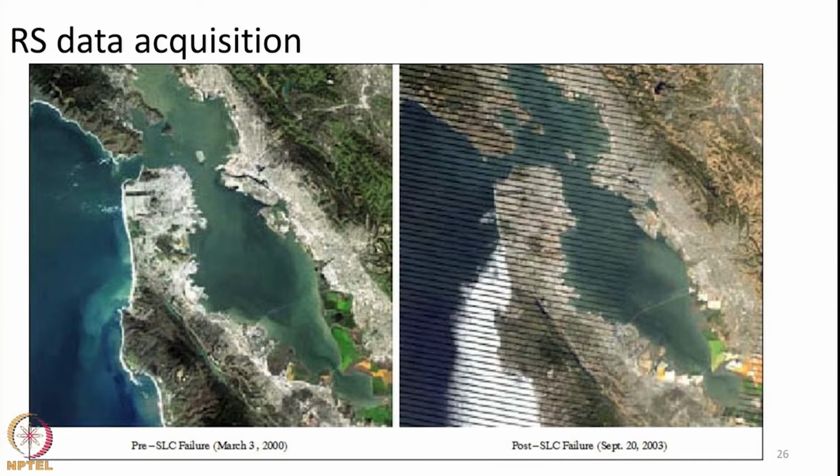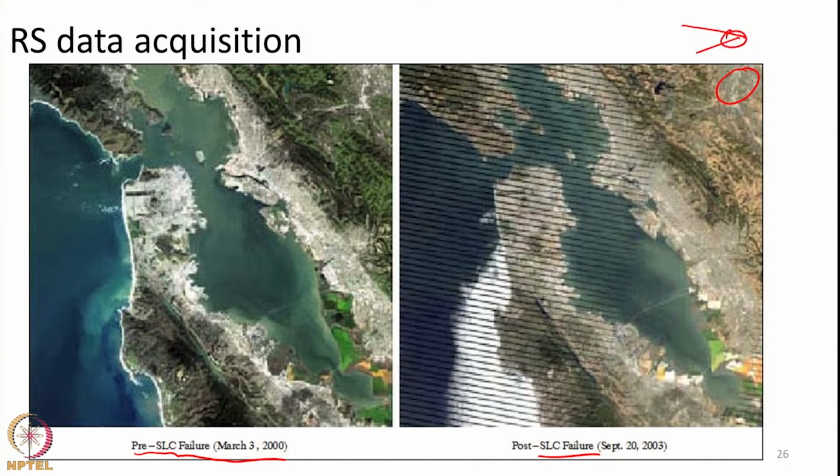This is pre scan line corrector failure, March 3, 2000. You can see all the images are perfectly aligned, all the pixels are there without any data gaps. Here, after the scan line corrector failed, you can see there is not much gap in one portion because this is an overlapping area.